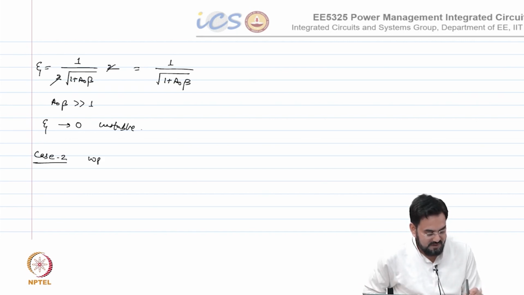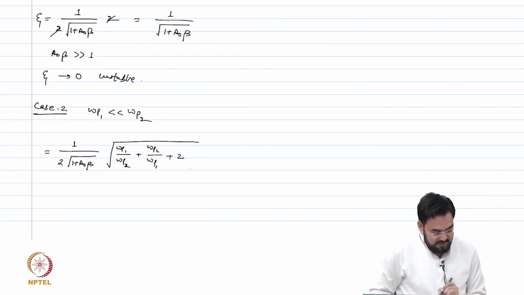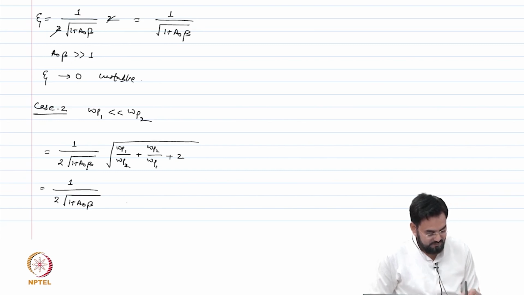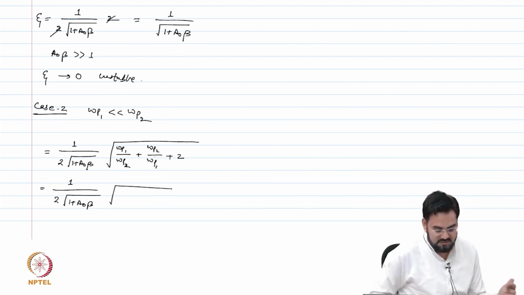So, omega p1 is much less than omega p2. So, what would happen to this? Omega p1 is, so this term will go away. And omega p2 over omega p1 is much larger than 2.